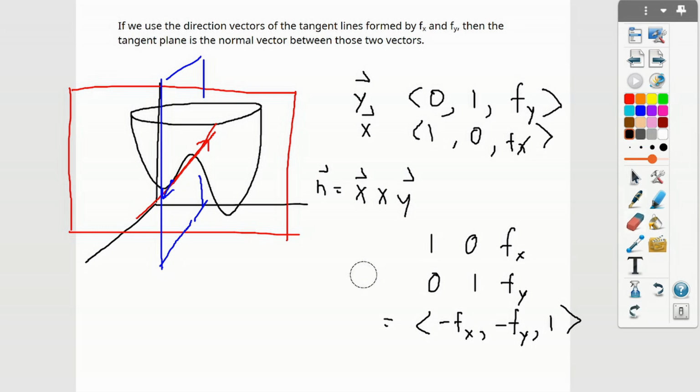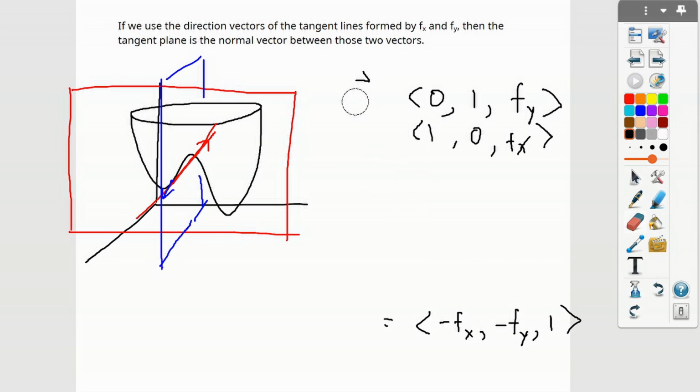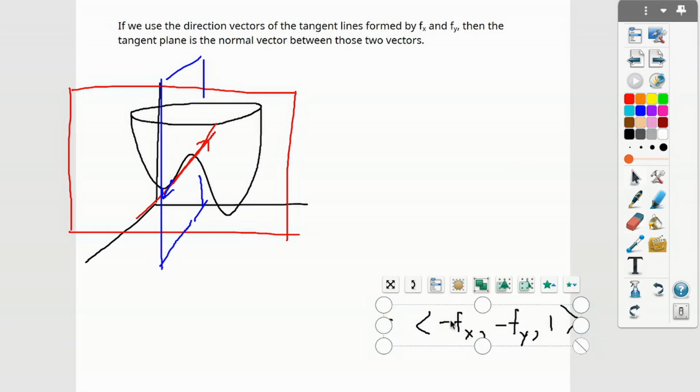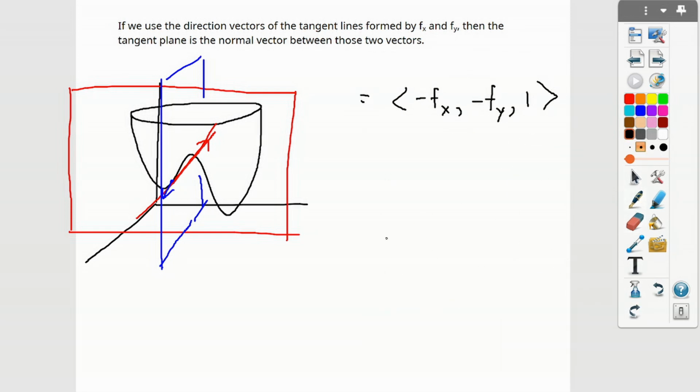It's a little bit of a weird result, but we will see that this is the normal vector, and we will form our equation of the plane right now. So I'm just going to cross out all of this for now, and then this is our equation of the plane. We're going to say that this point is x0, y0, z0.